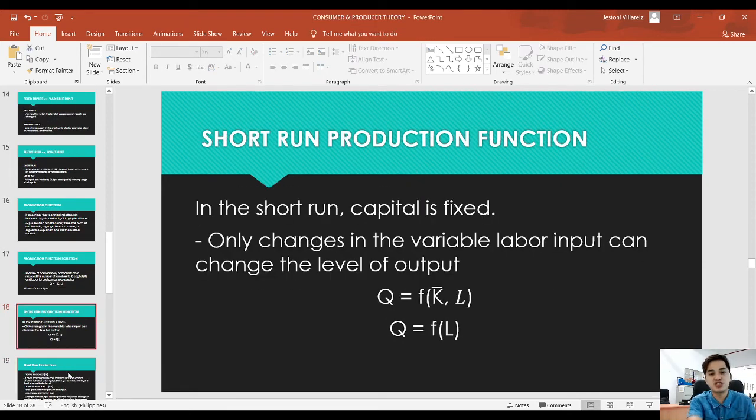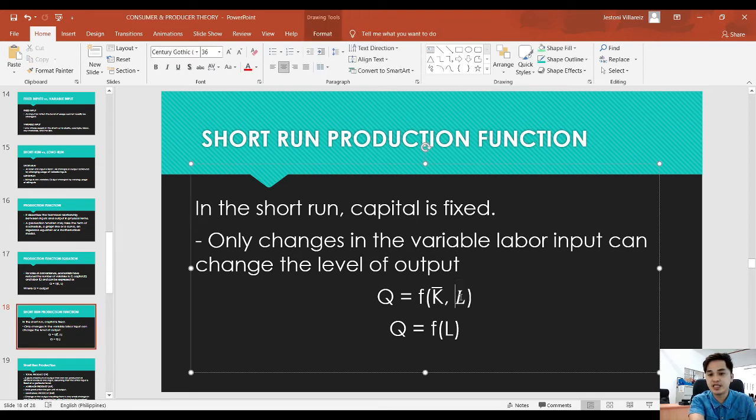When we talk about the short run production function, given the definition earlier, we consider a time period short run if one input is fixed. In the production function, capital is normally the fixed input. Why? Because labor can change anytime.